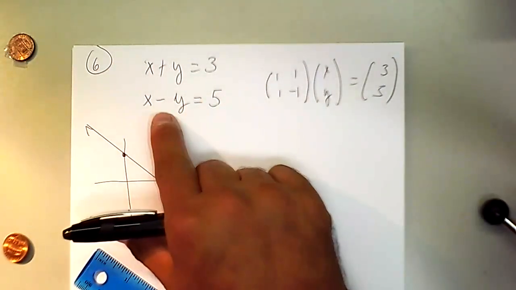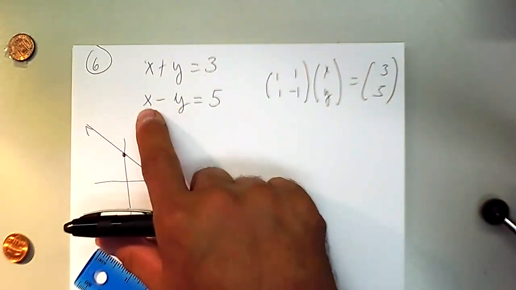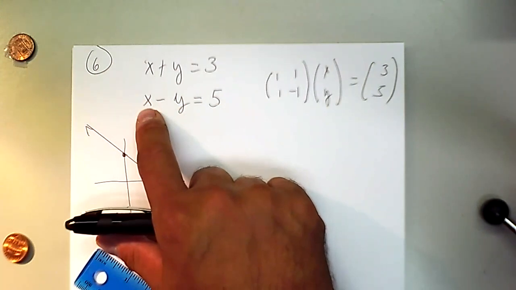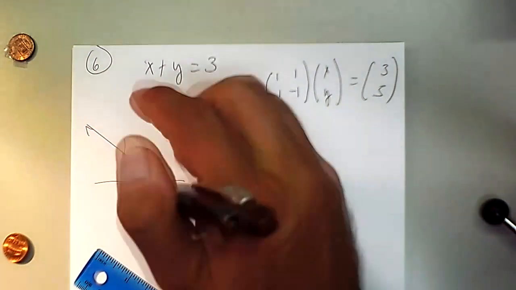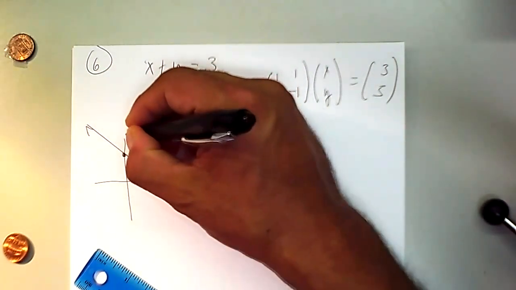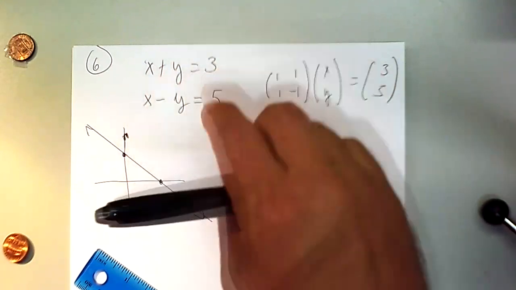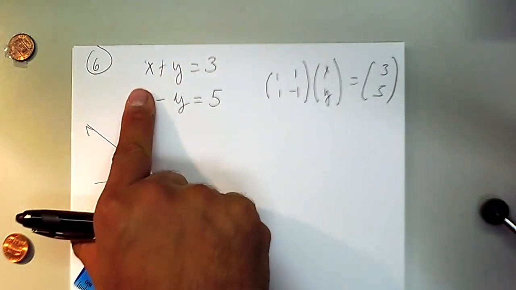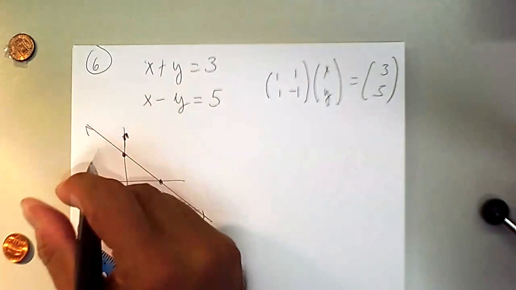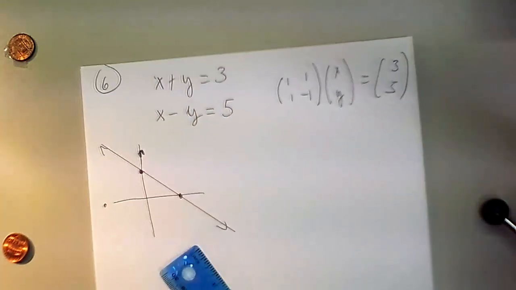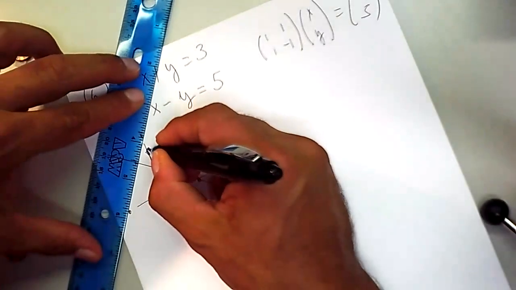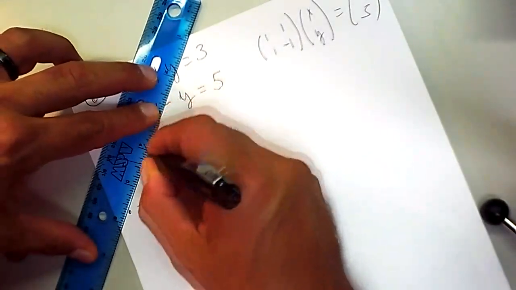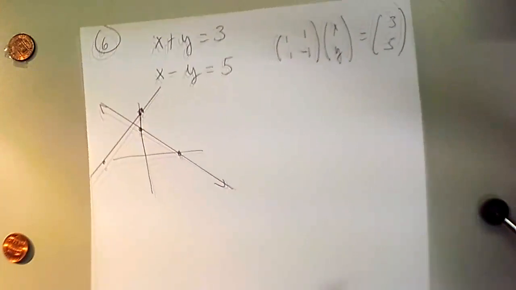And then x minus y equals 5. That means that the x-intercept is going to be 5 if we just erase the y. So x equals 5. And then the y-intercept is going to be negative 5. So we're going to end up with this line. So where are they going to intersect?